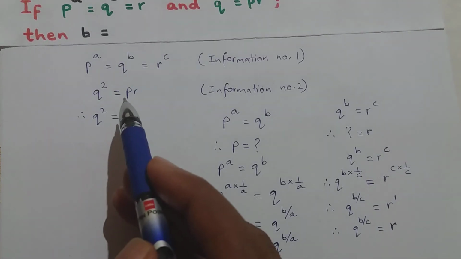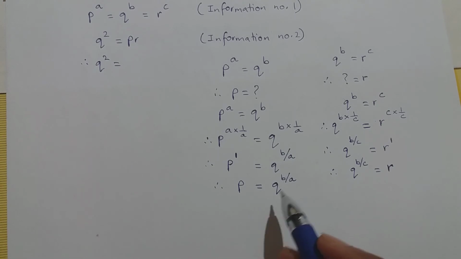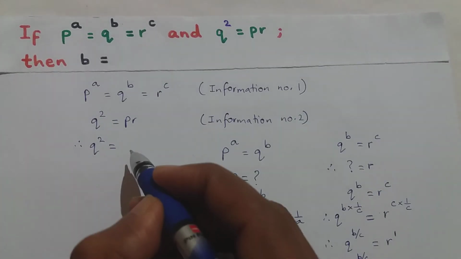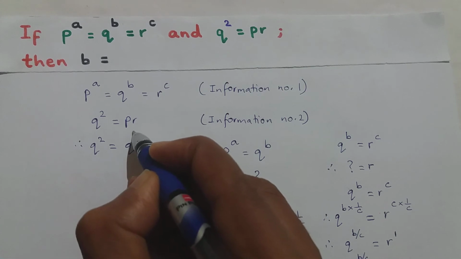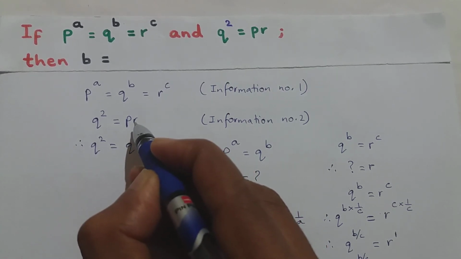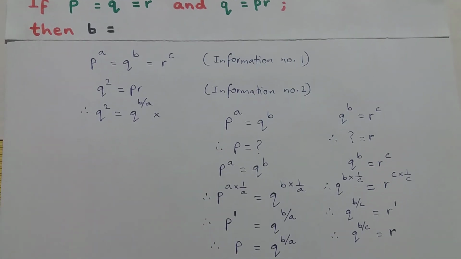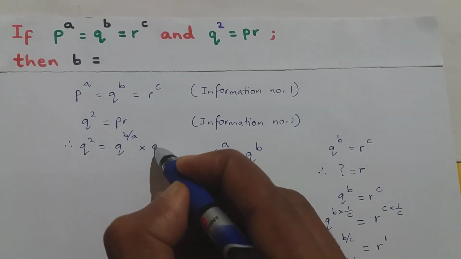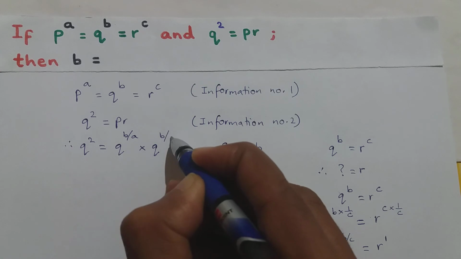So instead of p, I will write q to the power b by a into r. Now we have found out r in terms of q. R is q to the power b by c. So instead of r, I will write q to the power b by c.